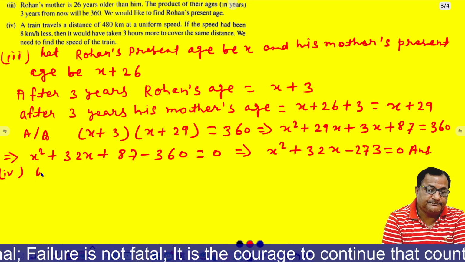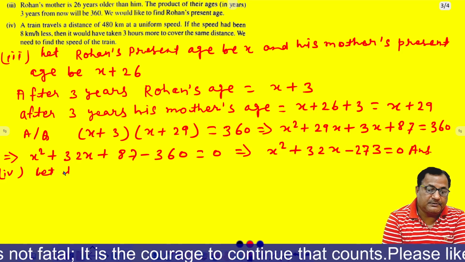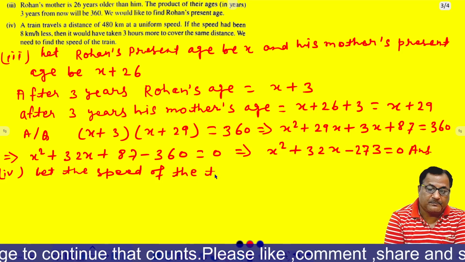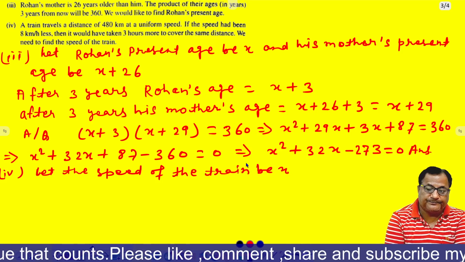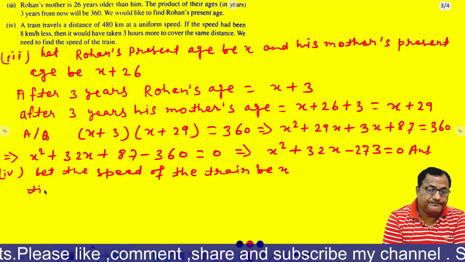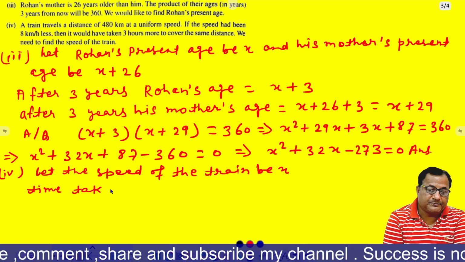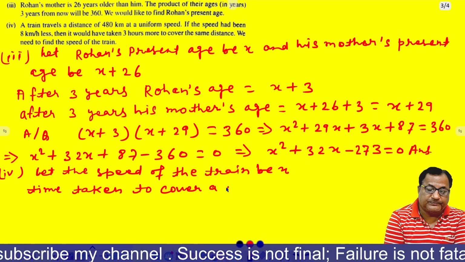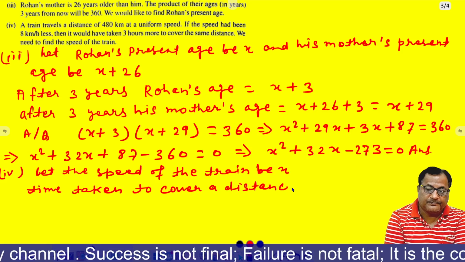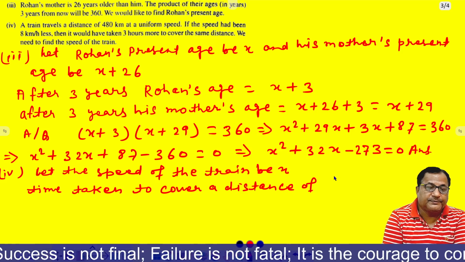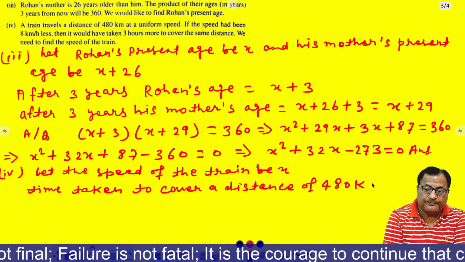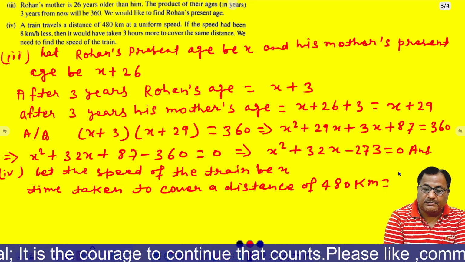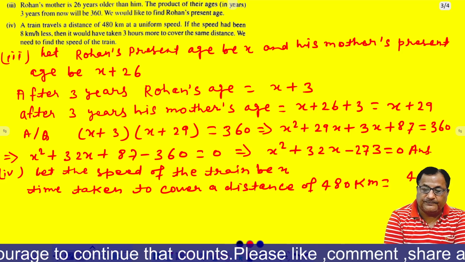Let the speed of the train be x. Time taken to cover a distance of 480 kilometers: time is equal to distance by speed, so 480 by x.